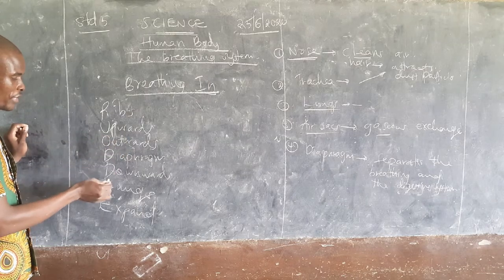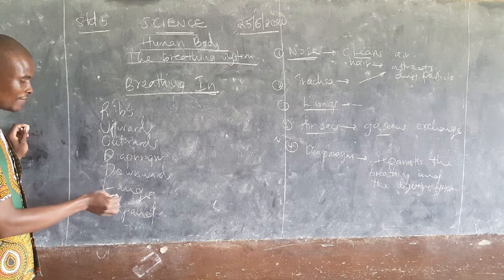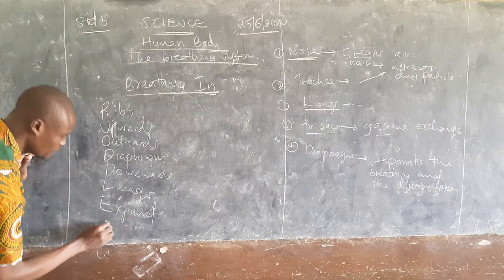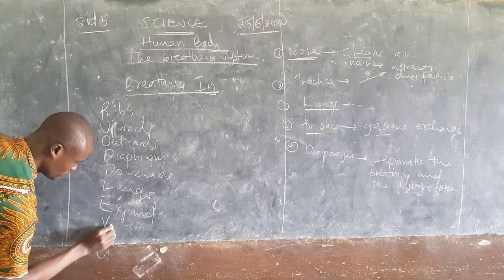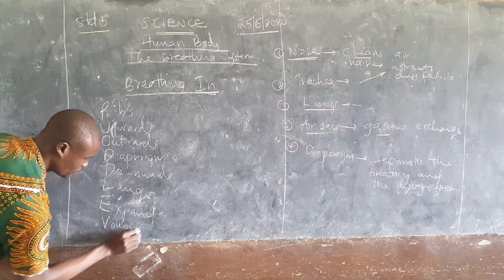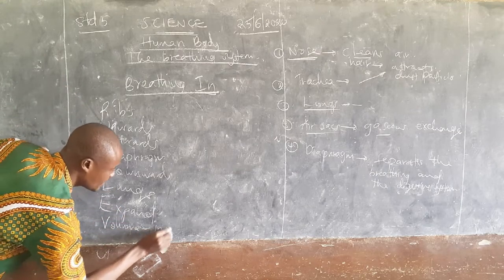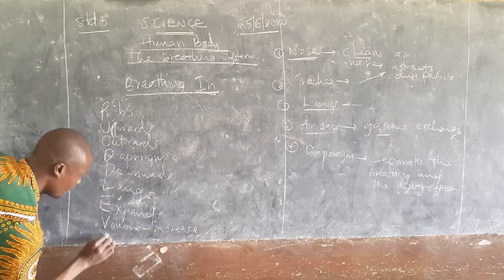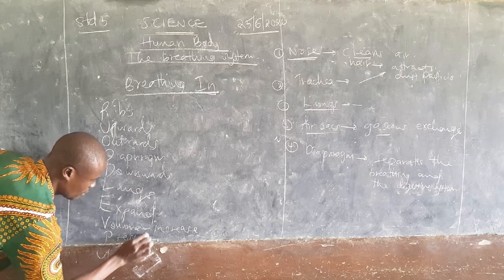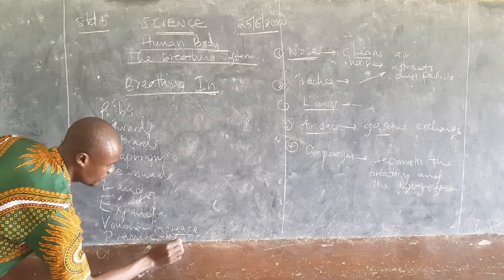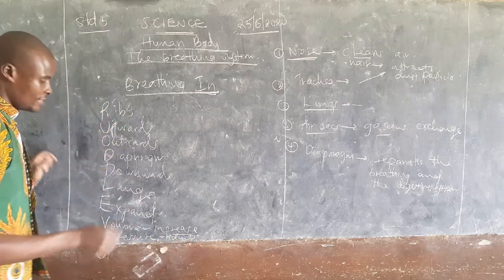The diaphragm will move downwards, and the lungs will expand. Once the lungs expand, once you breathe in, the volume of the chest will increase. And then pressure. Once the volume increases, pressure reduces, or we talk of decrease.